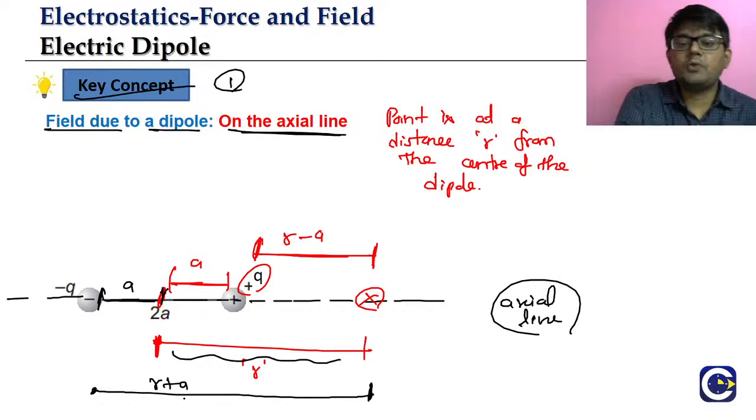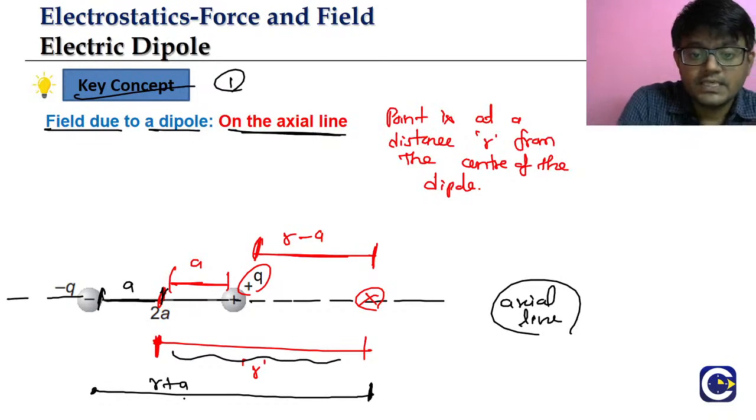So distance of the point from the positive charge is r minus a, negative charge ல இருந்து r plus a.